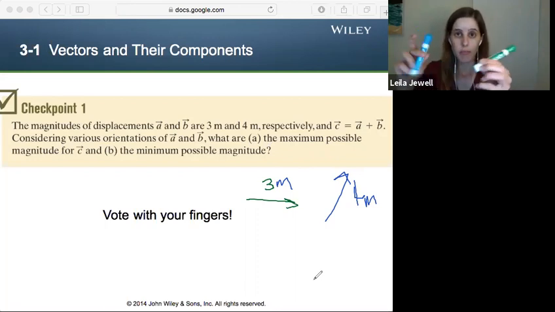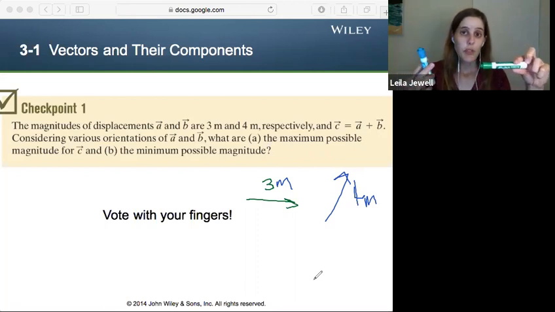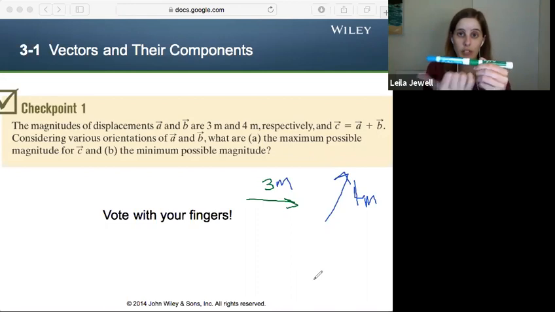If we let them rotate in whatever way we wanted, which way would produce the longest possible resultant vector of adding the two? Well, we're going to get the longest possible if they are working together in exactly the same direction, right? If vector A is pointed one way, vector B is pointed in that same direction. And in that case, how long would that be? Well, that's just the full length of each of them added together. So that would have to be 7.